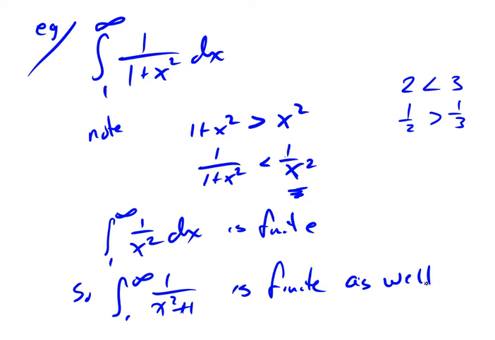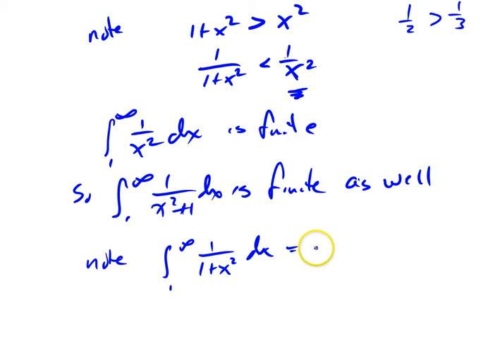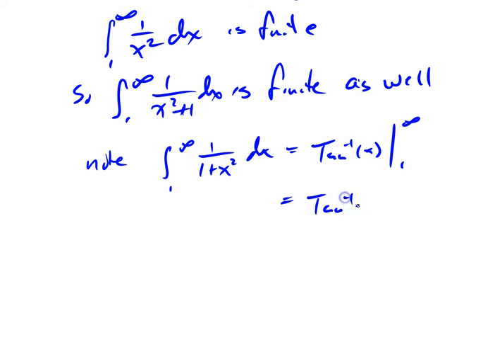Now, I'm actually going to do it just because I can. Notice that the integral from 1 to infinity of 1 over 1 plus x squared dx is the arctan of x evaluated between 1 and infinity. So it's arctan of infinity minus arctan of 1.